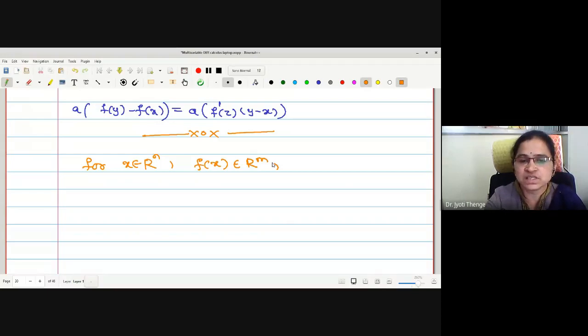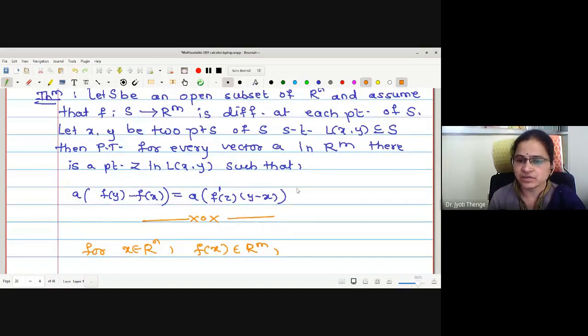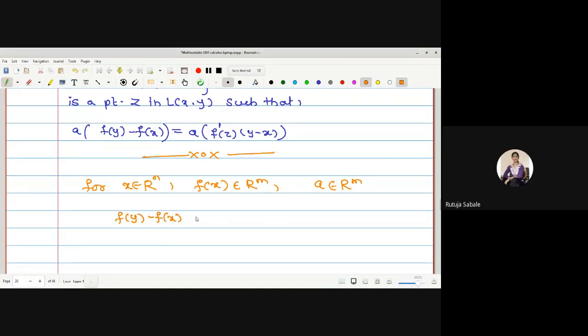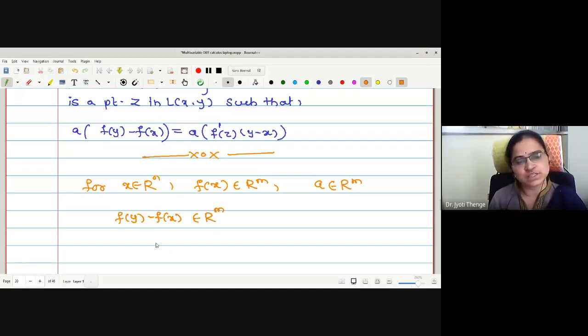Then what is the statement given to us? a is a vector in R^m. That is, a is also a vector in R^m. What about f(y) minus f(x)? If both these vectors are in R^m, is it in the same space? Yes, it belongs to the same space, because R^m is a vector space and is closed under the addition of two vectors.